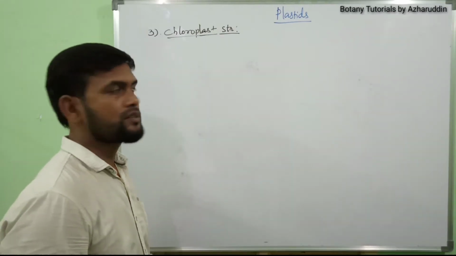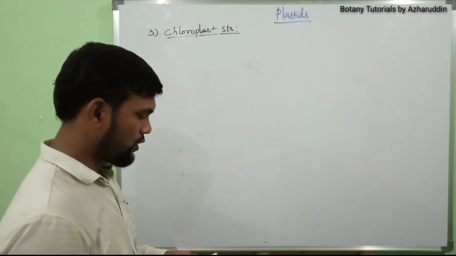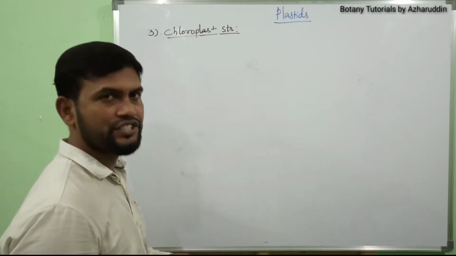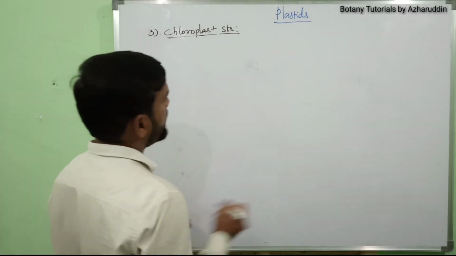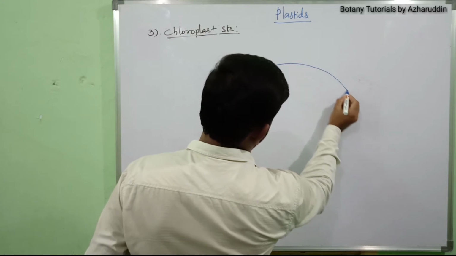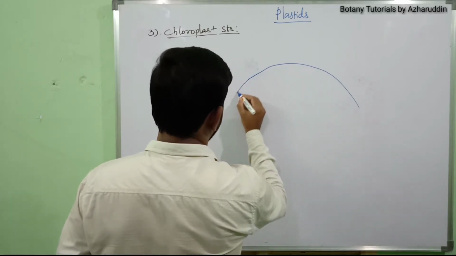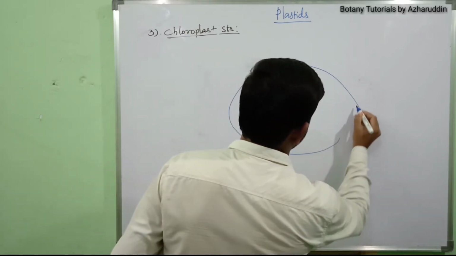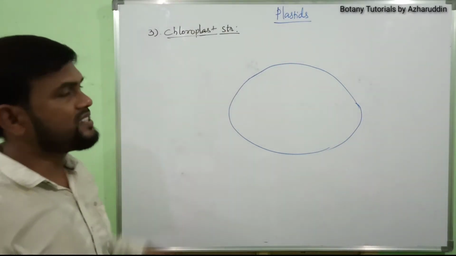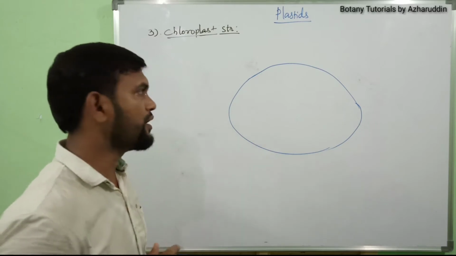Next, coming to the structure of chloroplast. Chloroplasts are generally oval or discoid in shape. In higher plants, they are oval or discoid. Each chloroplast is enveloped by a double membrane.